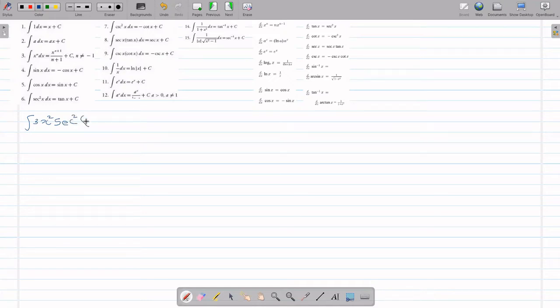Try this one instead of the next one. The LNX one we can do, but it's a different method. Try this problem. I'll give 5 minutes. Sorry about that.